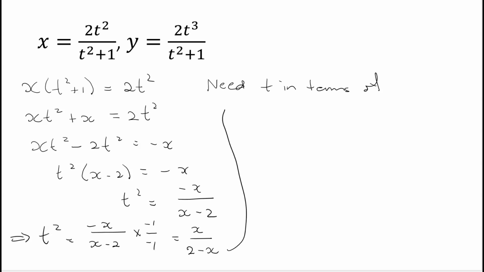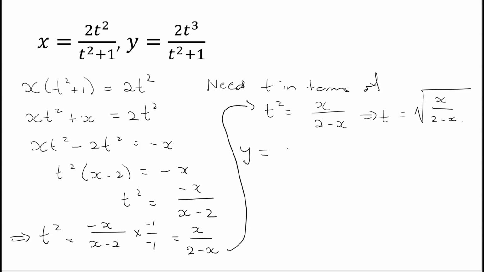So t squared is equal to x over 2 minus x, and therefore t is going to be the square root of that. Okay, now we're going to put that into y.